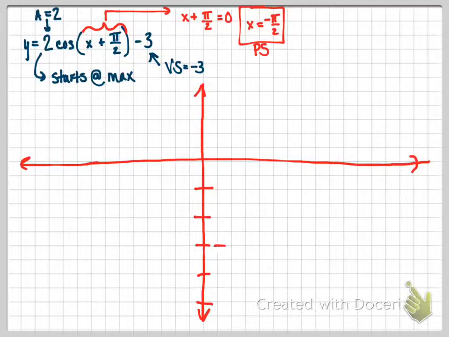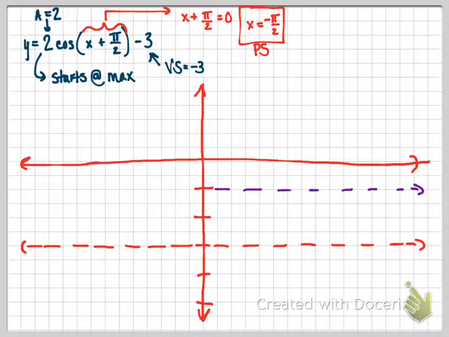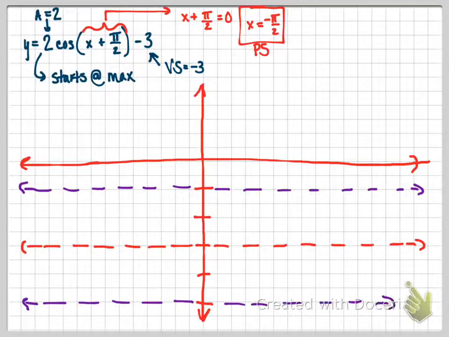And here is my negative 3. And then remember that my maximum values are going to be 2 spaces away. So my maximum values are going to be here and here. That's my maximum distance away, that's my amplitude.